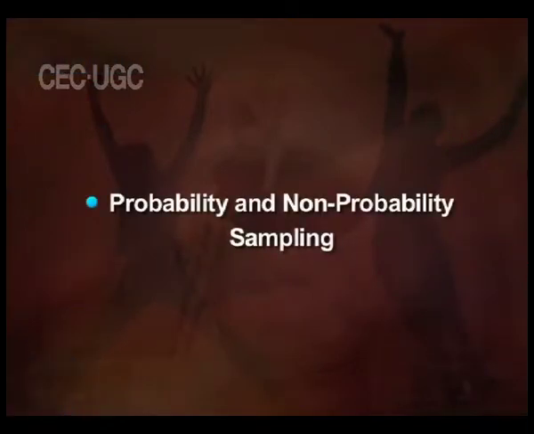Sampling is the process of selecting units, for example, individuals or organizations, from a population of interest. The approaches to sampling are mainly of two types, and they are probability and non-probability sampling. Probability sampling utilizes some form of random selection.